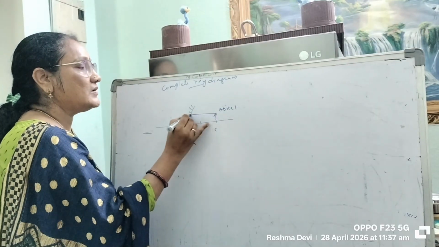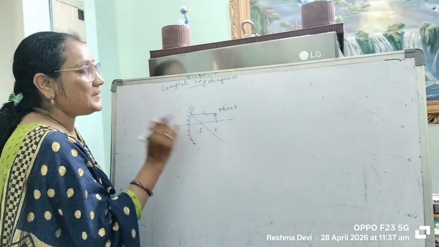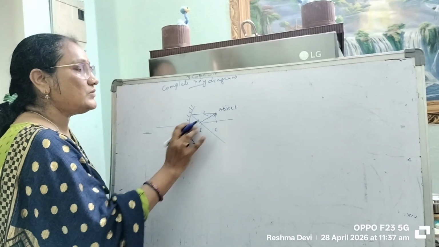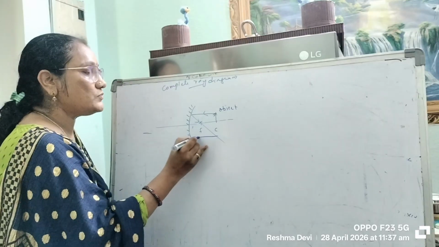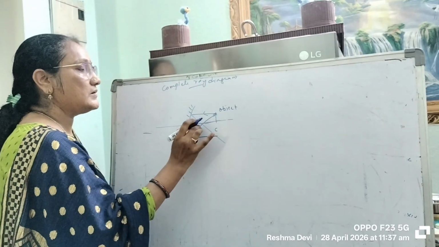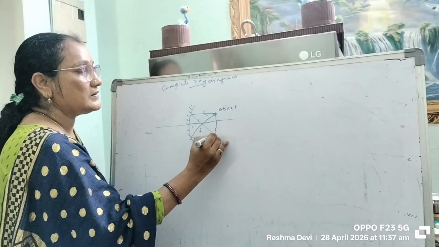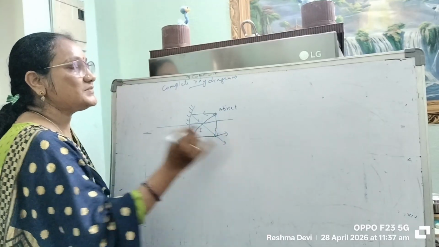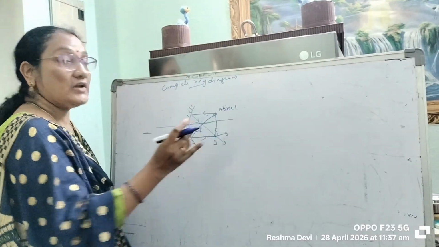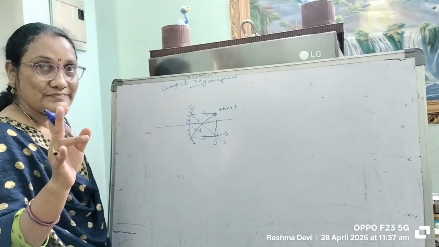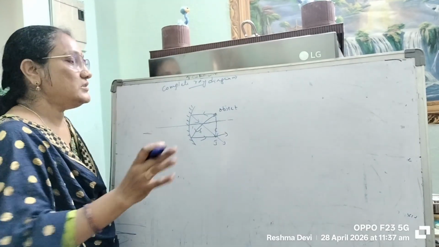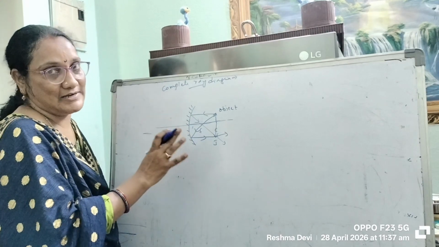One parallel ray passes through the focus, the other also passes through the focus. Whatever it may be, you have to draw the rays such that the meeting of rays is at the center of curvature only. So this is the image. You must mention arrows compulsorily. In ray diagrams, arrows show the direction, so they play a vital role in drawing ray diagrams.